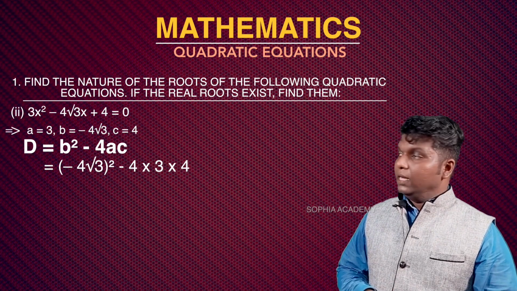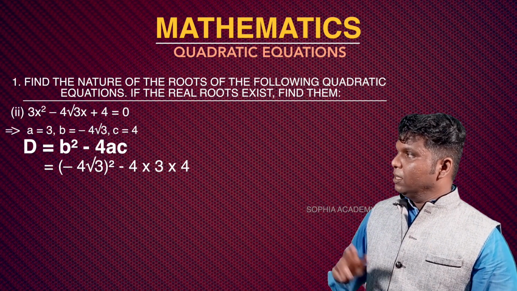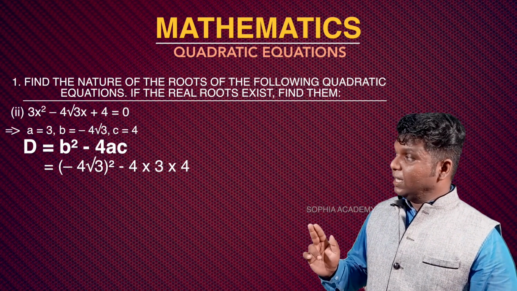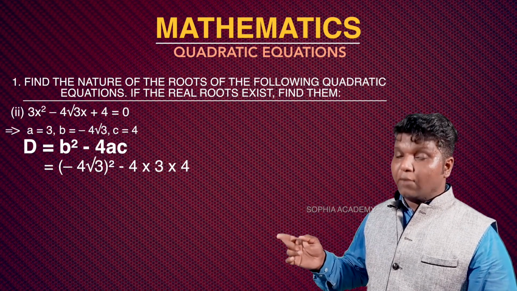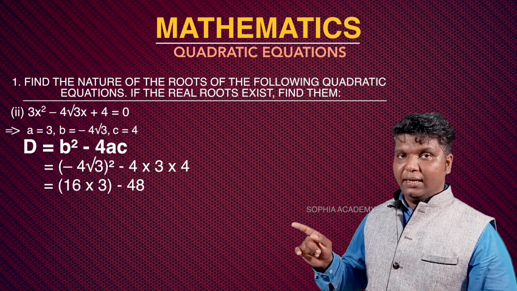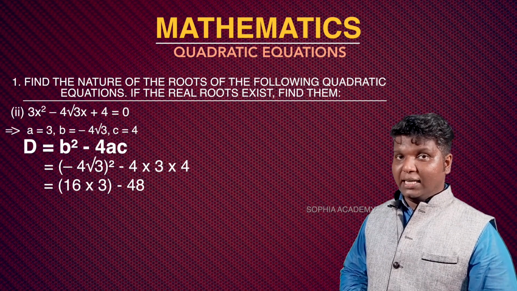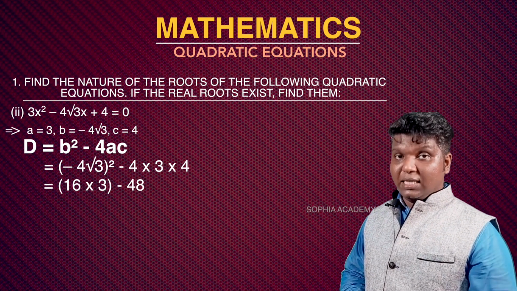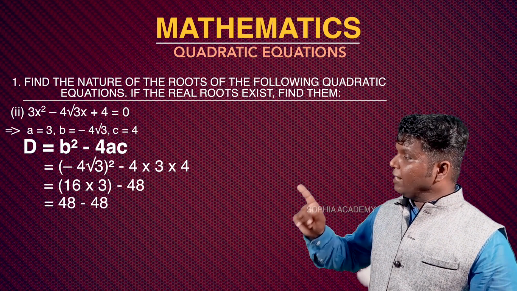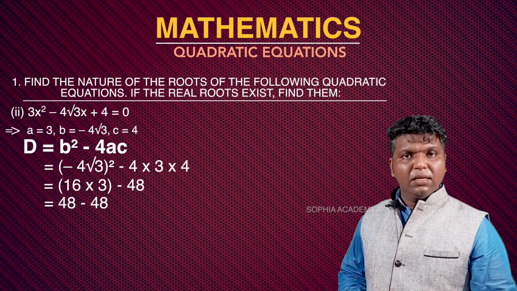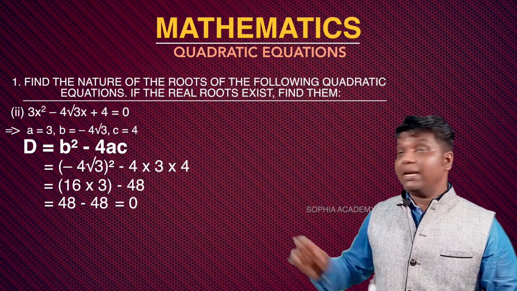Here minus 4 root 3 the whole square: the square of 4 is 16, and the square of root 3 is 3 itself. So we will write 16 into 3 minus, multiplying the next 3 terms, you will get 48. So 16 3s are also 48, right? So 48 minus 48 is equal to 0. That means you got the discriminant as 0.